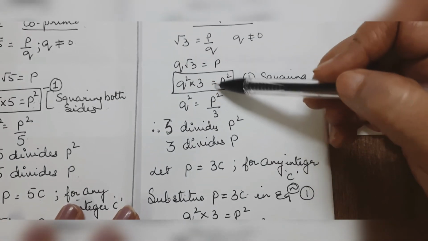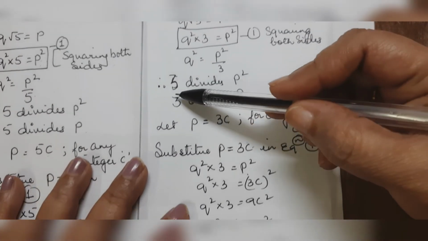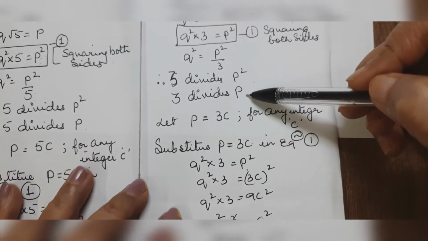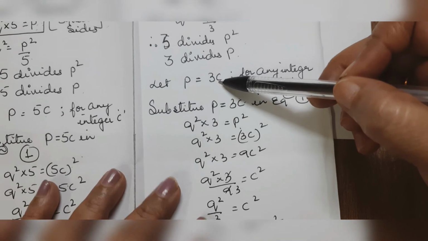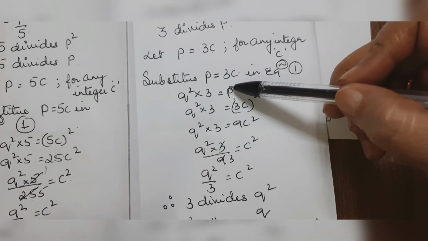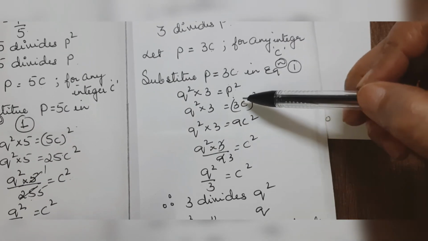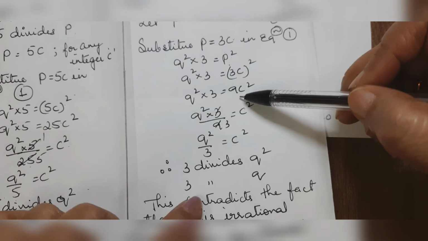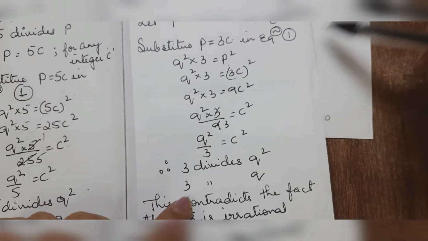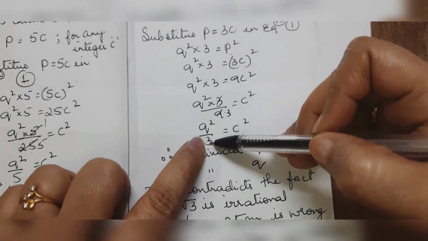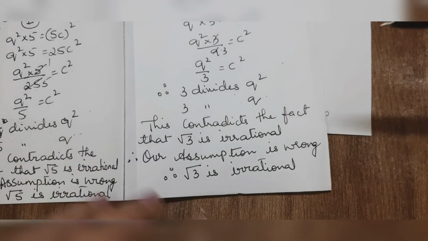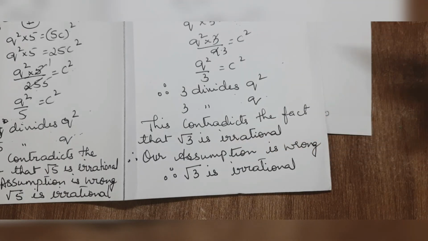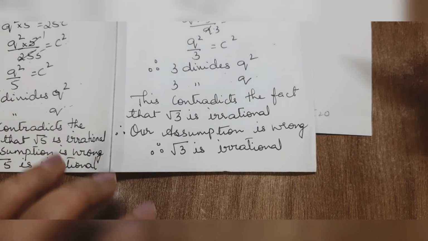So cross multiply, then bringing 3, we show here 3 divides P square, so 3 divides P. So we give it 3C, then put it in place of P: 3 square, 9, send it down, C ignore it, Q square by 3. We showed here 3 divides Q square, so 3 divides Q. So this contradicts the fact that root 3 is irrational. Our assumption is wrong and root 3 is an irrational number.